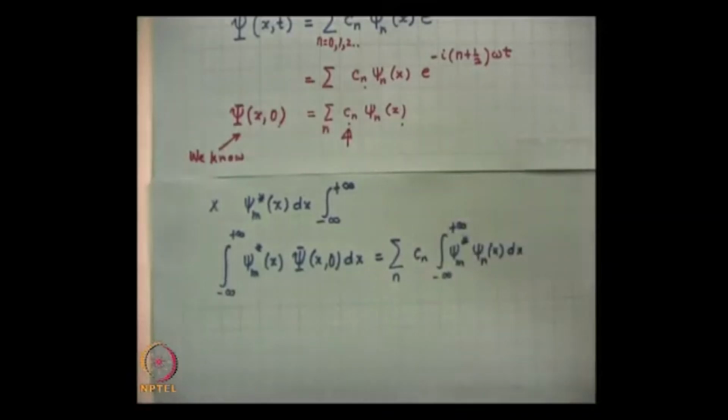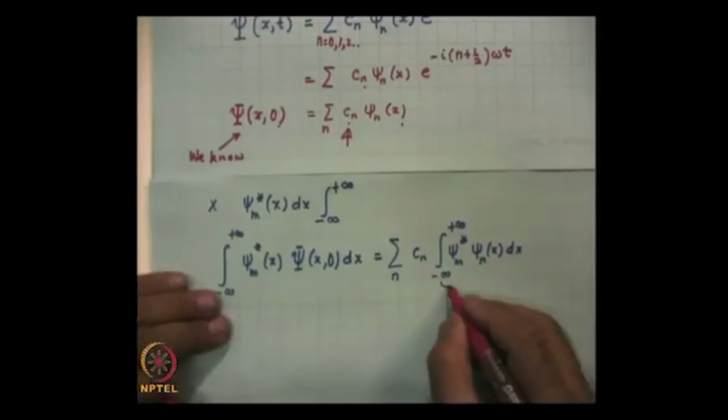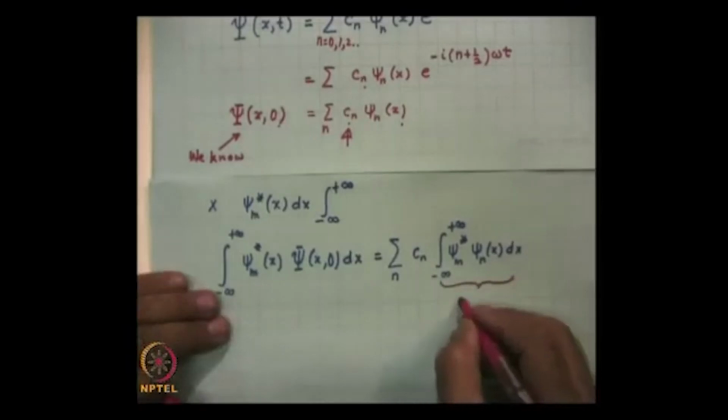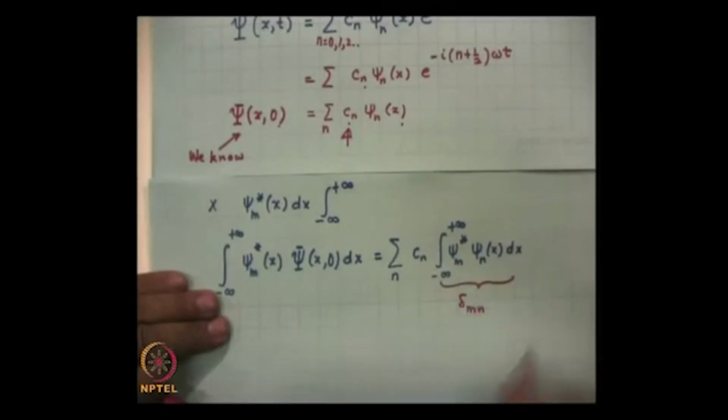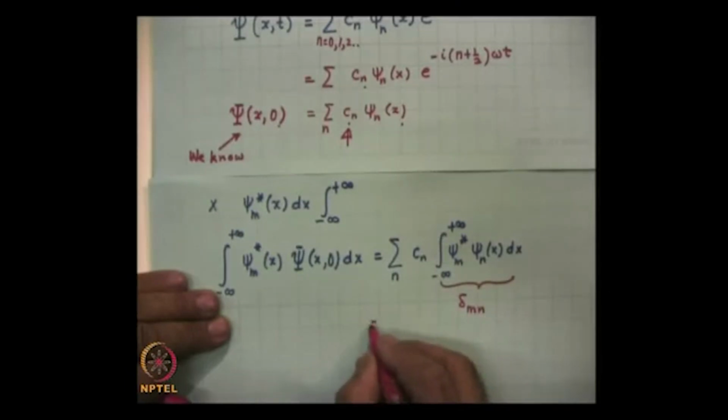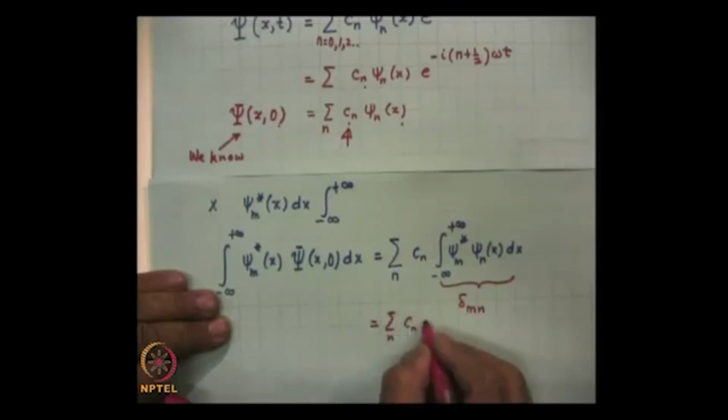This we know from the orthonormality condition, this is equal to delta m n. So, therefore, the right hand side becomes C n delta m n. m is a fixed number, n is a running index, n goes from 0 to infinity.